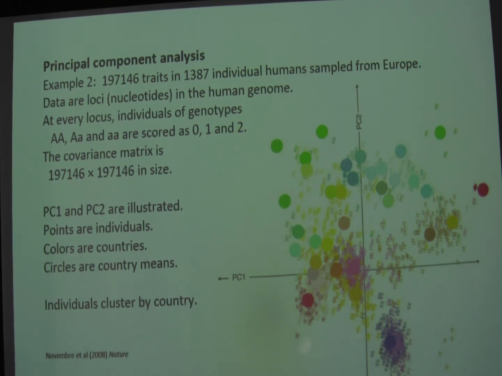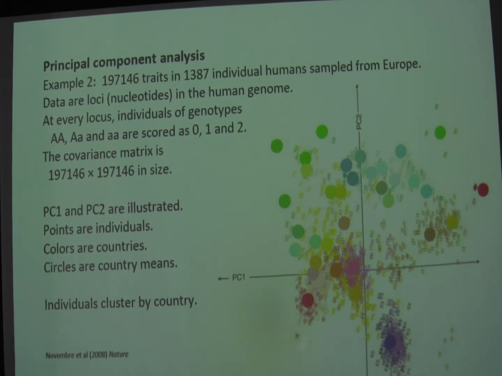But the key thing from this graph is that we're getting some information even with 200,000 dimensions reduced to 2. We're seeing that people that live close to one another are actually nearby in these 2 dimensions. They tend to inhabit the same country.